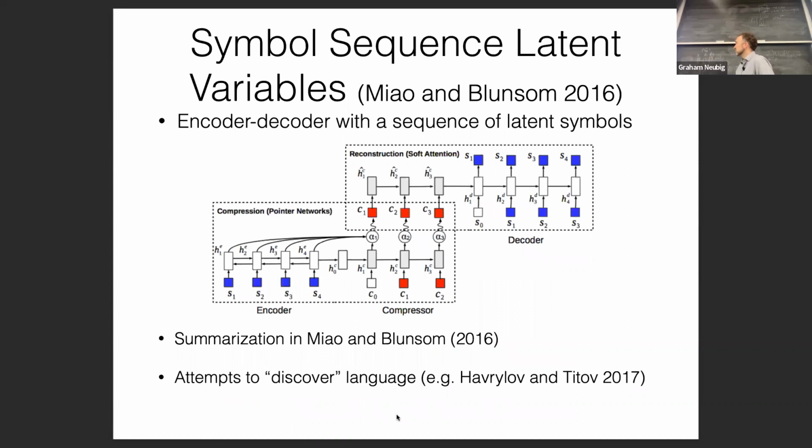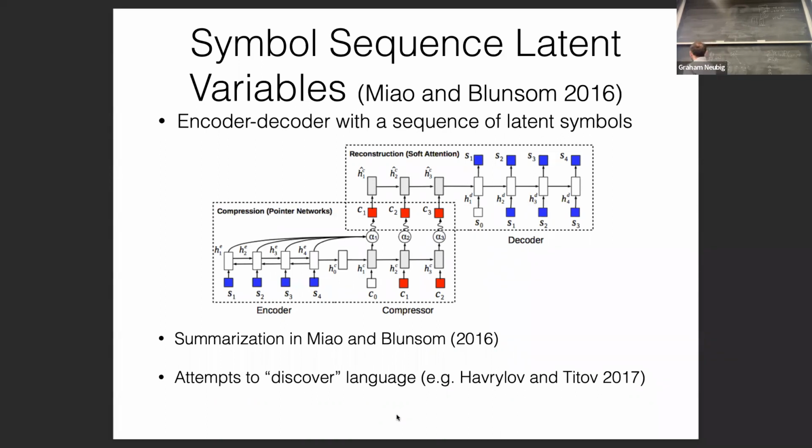So there's also the idea of something called emergent language. Essentially, people try to learn language as a latent variable where you have an input and an output.